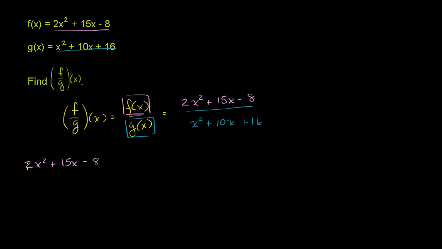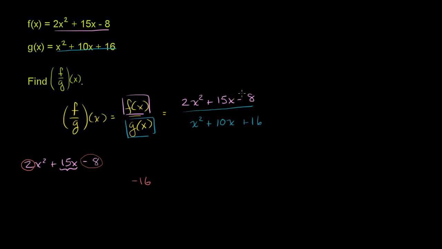When you factor by grouping, you're going to split up this 15x into two terms where, if I were to take the product of those coefficients, it's going to be equal to the product of the first and the last terms. And we prove that in other videos. So essentially, we want to think of two numbers that add up to 15, but whose product is equal to negative 16. And this is just a technique of factoring by grouping.